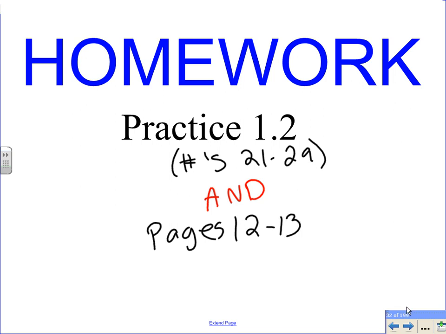The first one is in your homework packet. The back of what we went over today, which is 1.2, numbers 21 through 29. One of them is a word problem. It's going to make you think. And then pages 12 through 13, this is in the book. The second one is in the book.